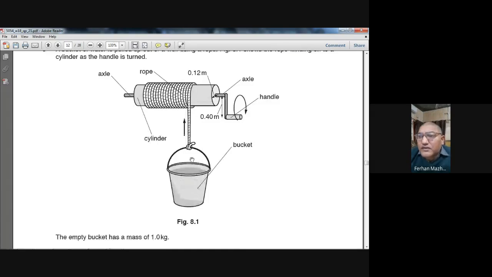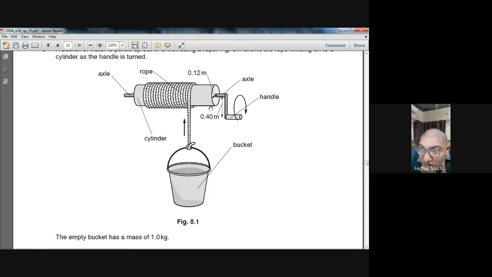250 Newton. And the perpendicular distance from the point to the pivot, that is the axle, the center of that cylinder, that is the pivot. The weight is acting here.